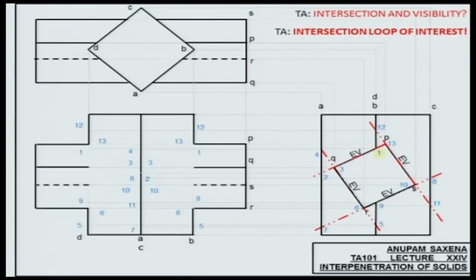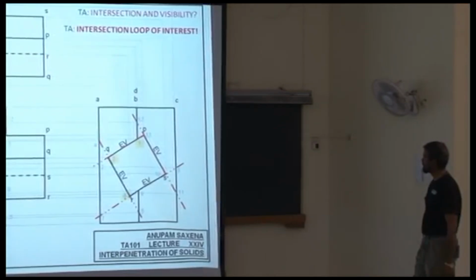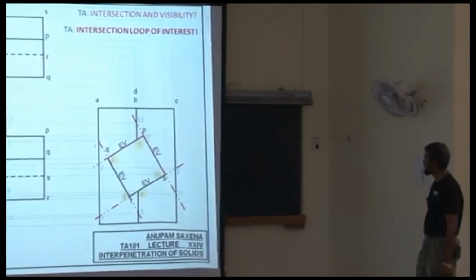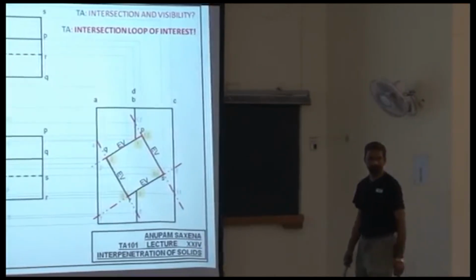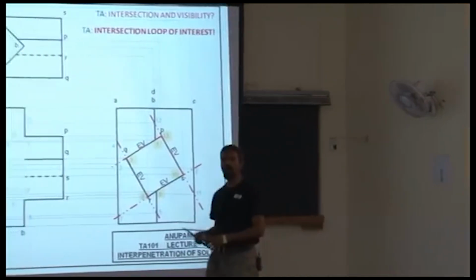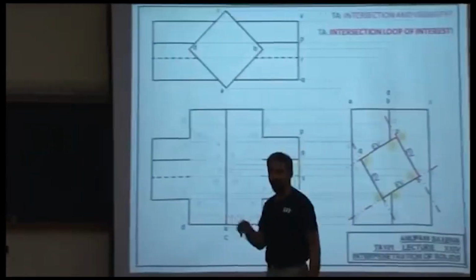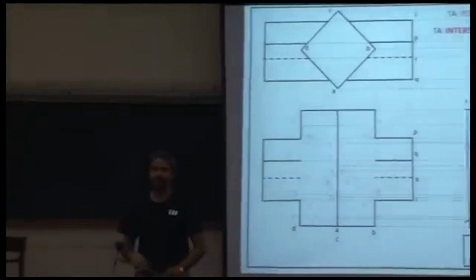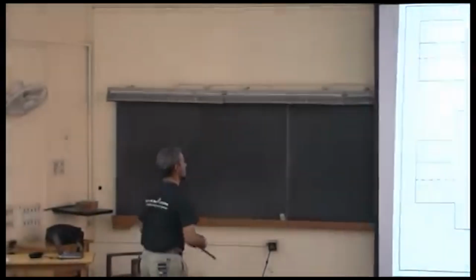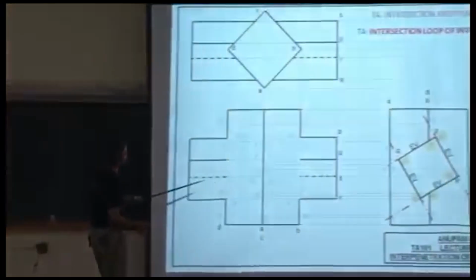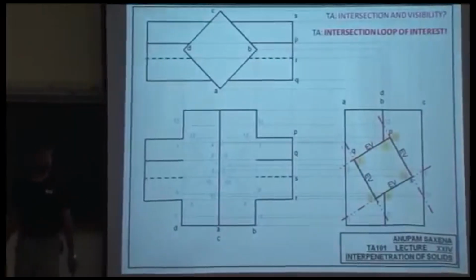Number 1, number 3, number 6, number 9, 10 and 13. Once you identify the loop, the connectivity, you can connect the dots in the front view.